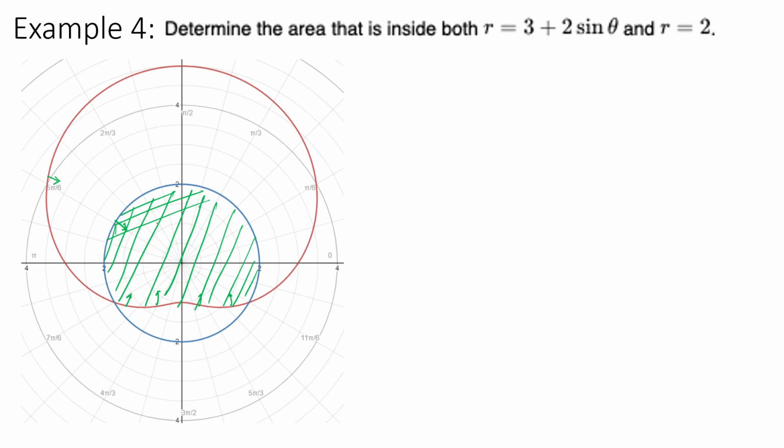If you look at your points of intersection, you start here, then go towards the same points of intersection again.